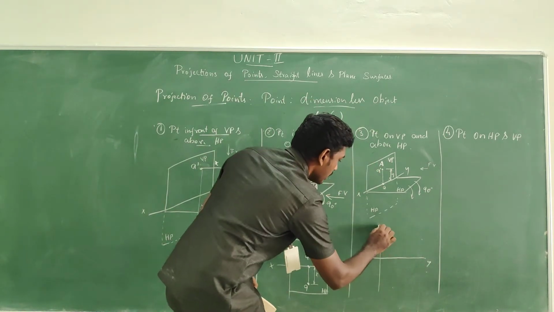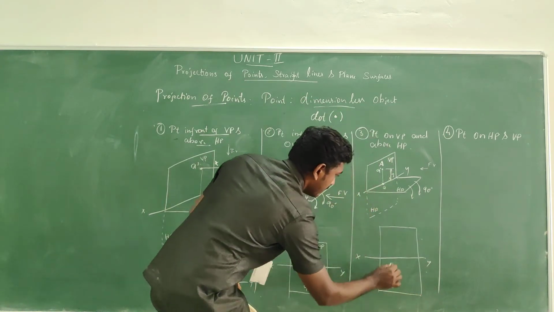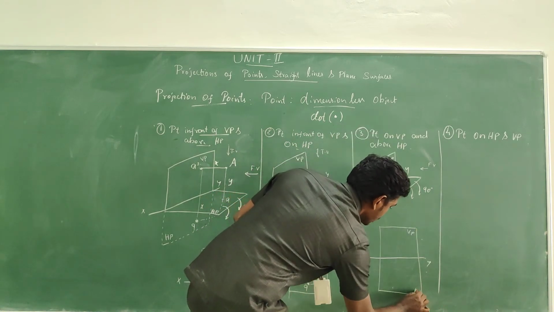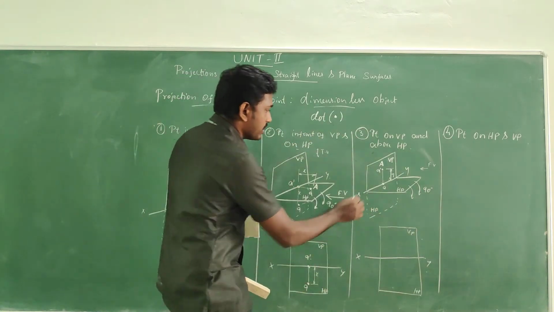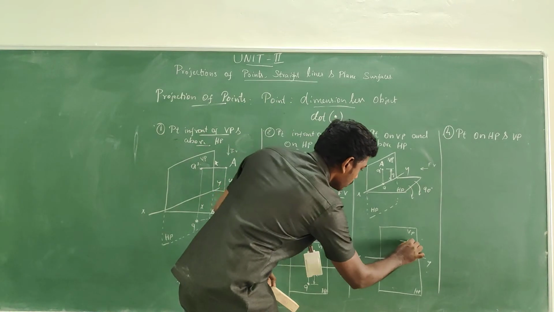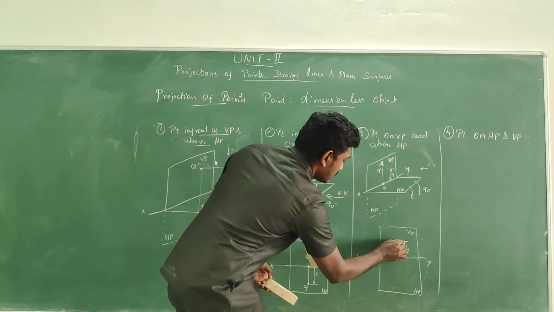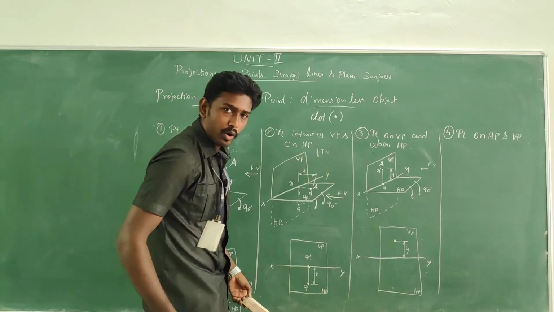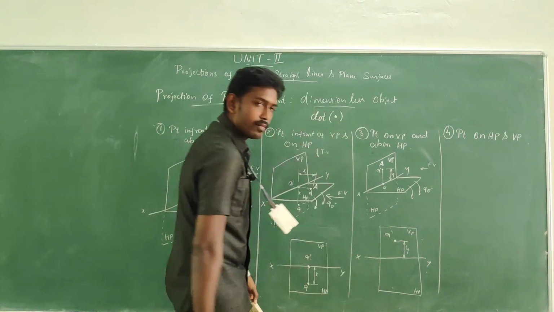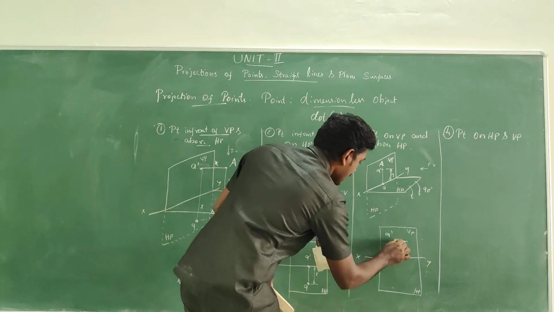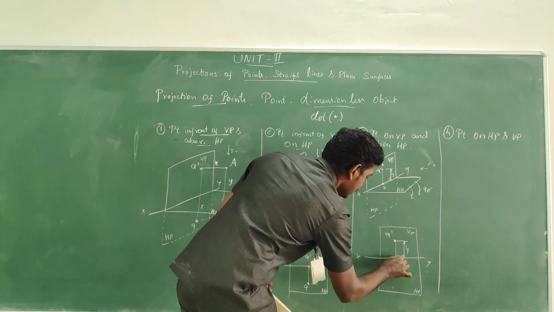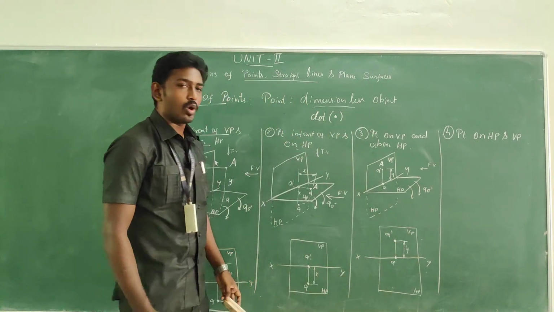For your understanding, I can take the plane VP here as HP. So with the Y distance, we have the point which is A dash, and in the projector of A dash, you will get the top view.